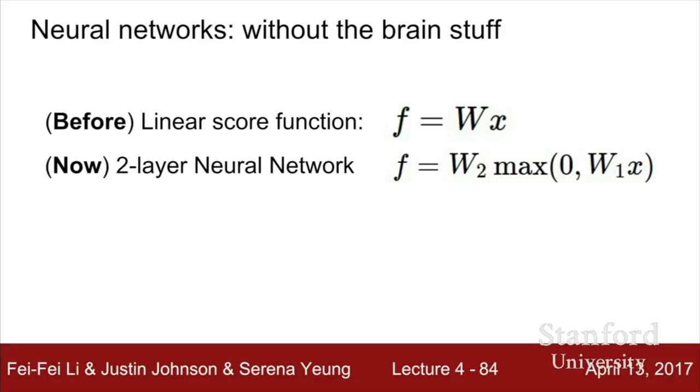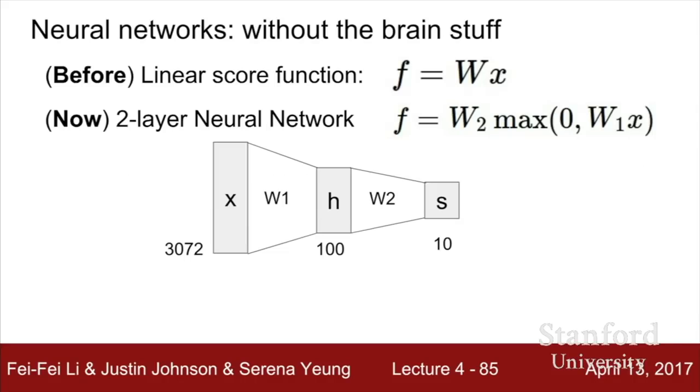And so we've been using this as a running example of a function that we want to optimize. So instead of using this single linear transformation, if we want a neural network, as the simplest form, we can just stack two of these together, a linear transformation on top of another one, in order to get a two-layer neural network. What this looks like is first a matrix multiply of W1 with x, and then we get this intermediate variable, and we have this nonlinear function, max of 0 with the output of this linear layer.